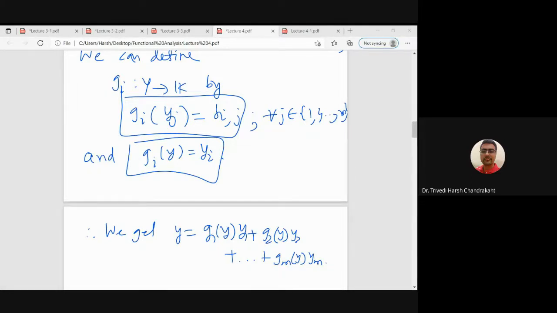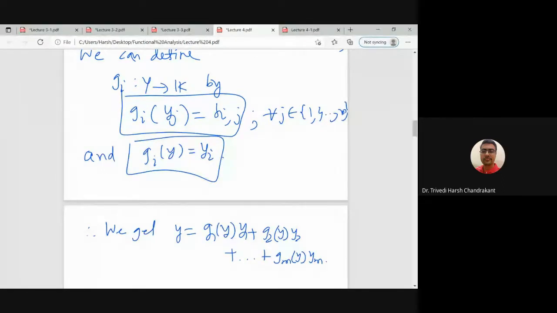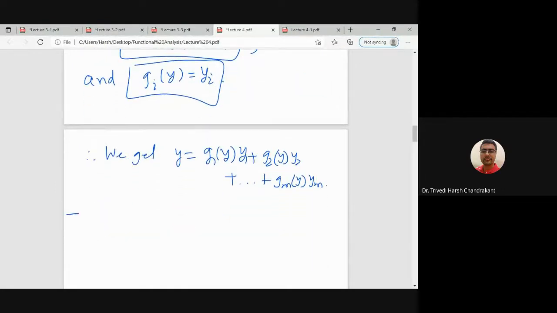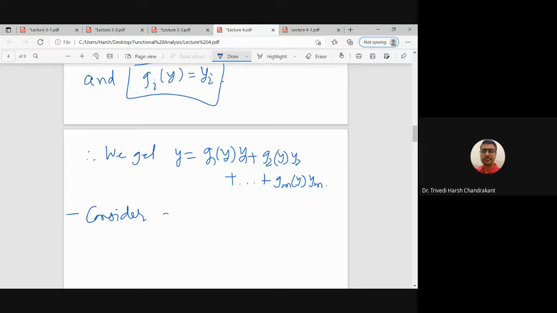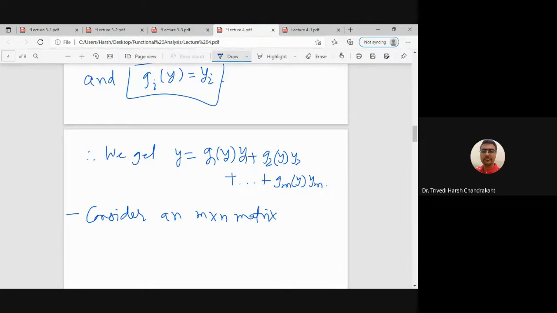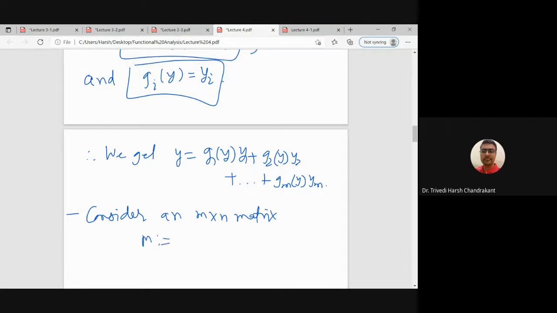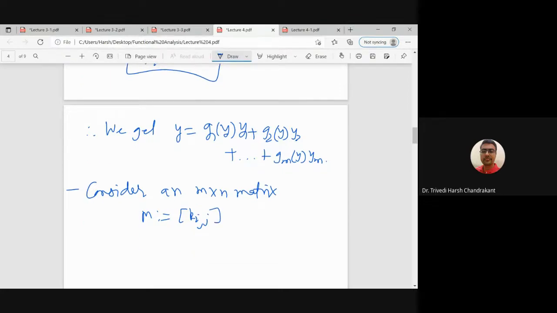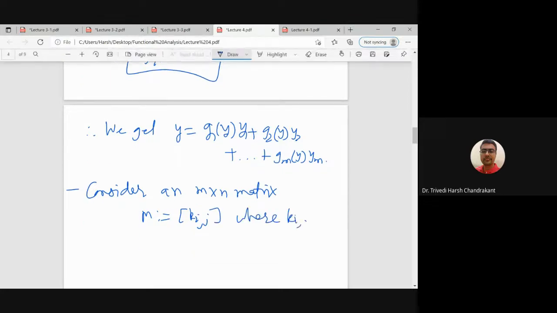Why we need this? Because we know that if we have any matrix, then corresponding to the matrix we can find out a linear transformation. So consider an m cross n matrix aij, right, where each entry aij belongs to k.